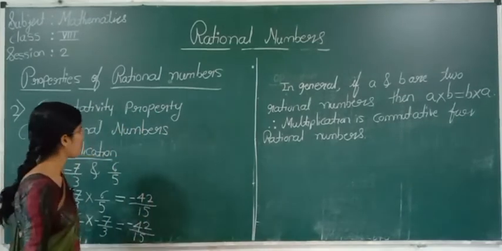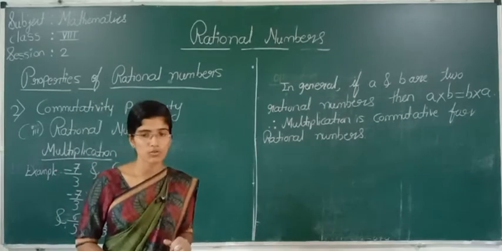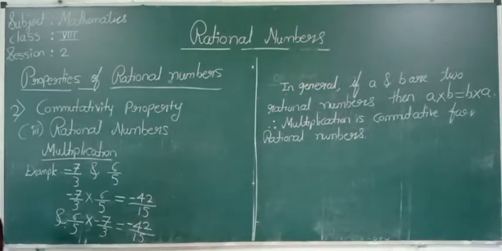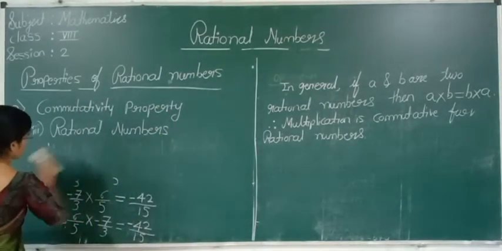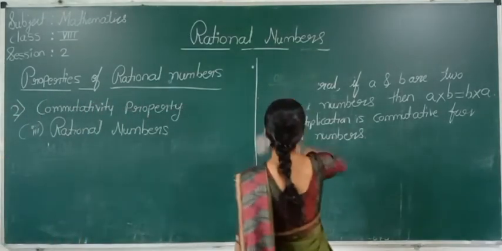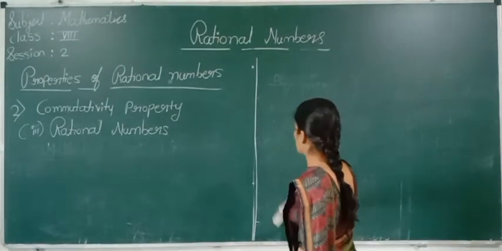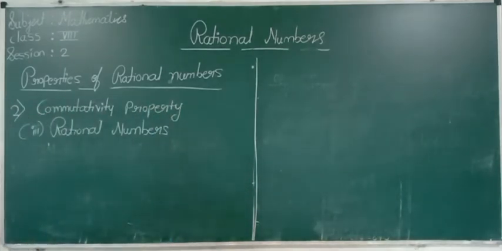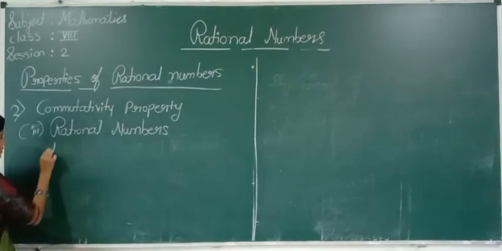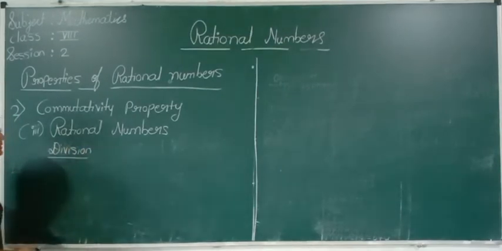Now we will check for division. Is division commutative for rational numbers or not? We will consider one example.